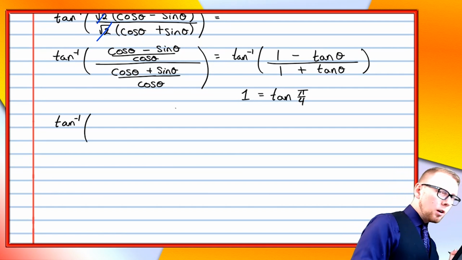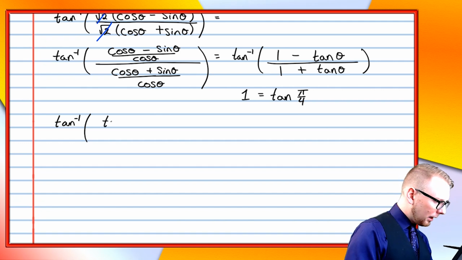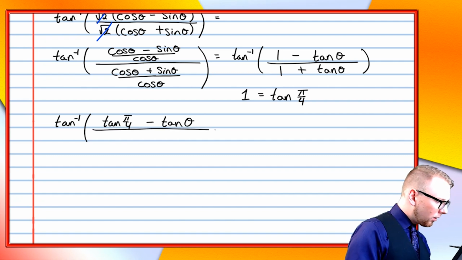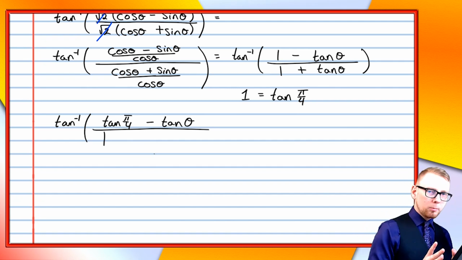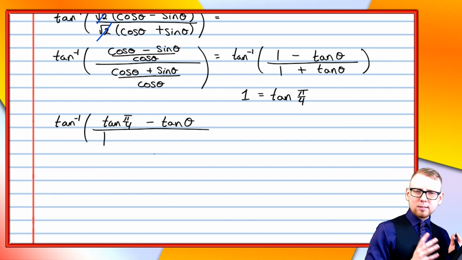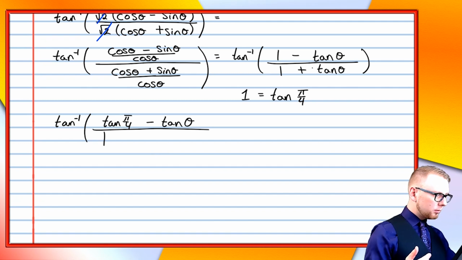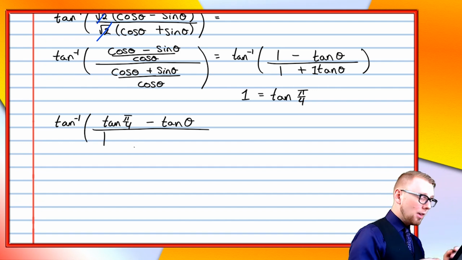Instead of the 1 on the top, we're going to say it's tan of pi over 4. So tan of pi over 4 minus tan theta. We're not going to replace the 1 on the bottom. We're just going to remember that 1 times anything is that anything. So there's an invisible 1 here on this tan. So we're going to replace that.